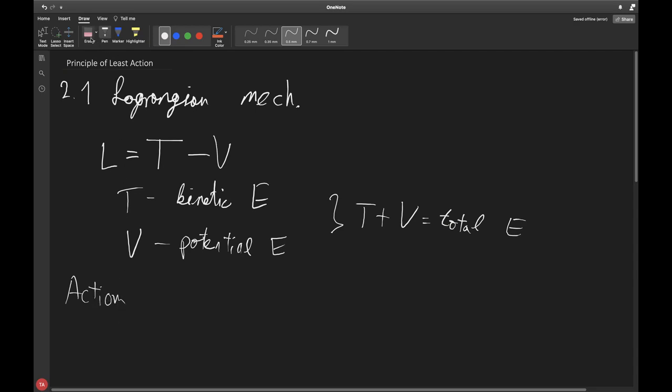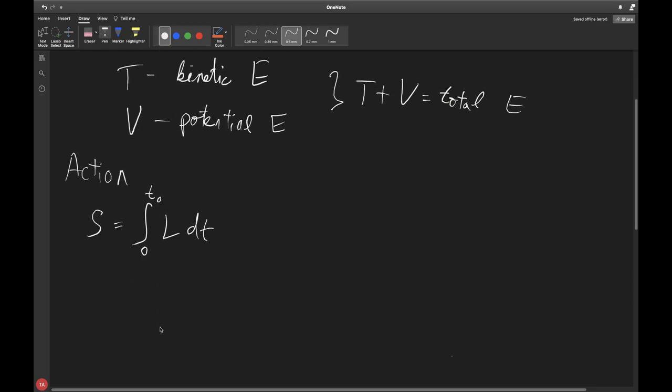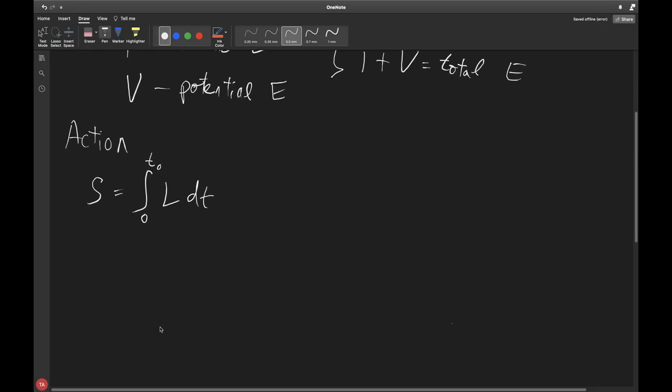And so the next thing to define is the action. The action is going to be denoted with S. So the action is the integral of this Lagrangian by time. So we integrate from 0 up to a certain time that I can call t0. So L was a function, and now this S is, mathematically speaking, a functional.